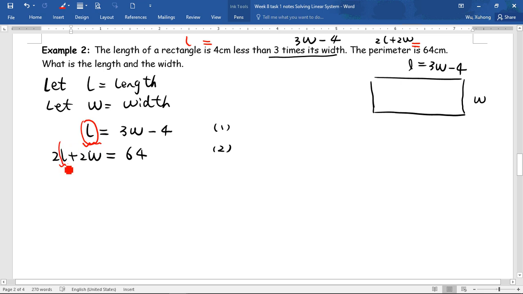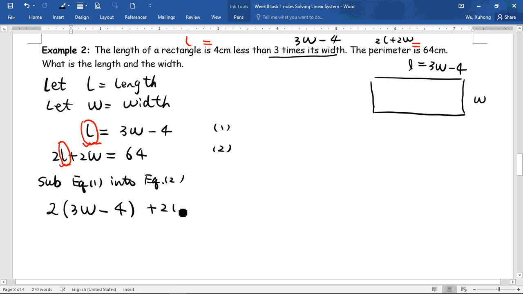The L, we are going to represent in terms of W. We substitute equation 1 into equation 2. It means we replace the L with the equivalent expression on the right side. So 2 times (3W minus 4), then plus 2W equals 64.